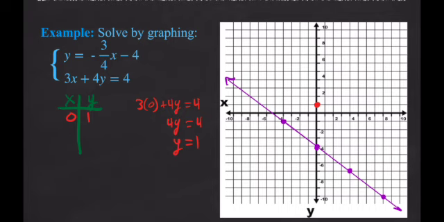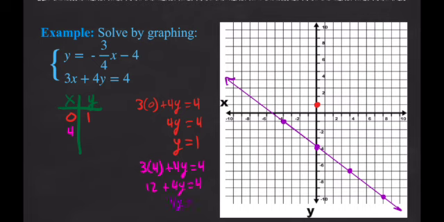Now we have to figure out another point. Let's choose 4. So if we choose 4, this would be 3 times 4 plus 4 times y equals 4. So this would be 12 plus 4y equals 4. Minus 12.